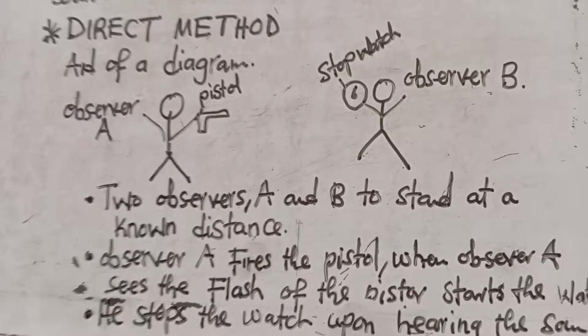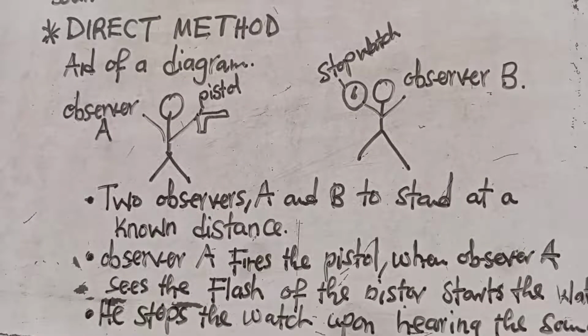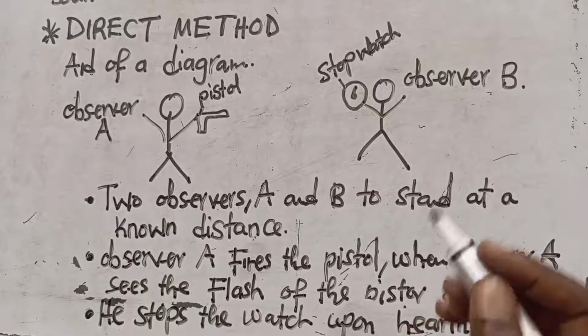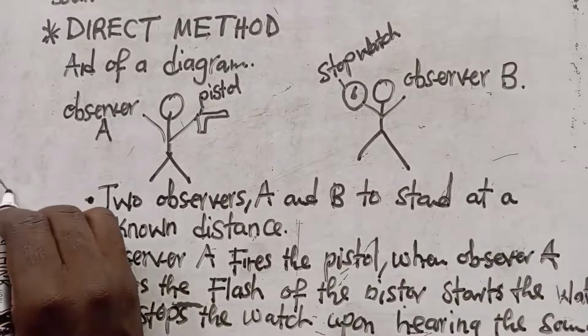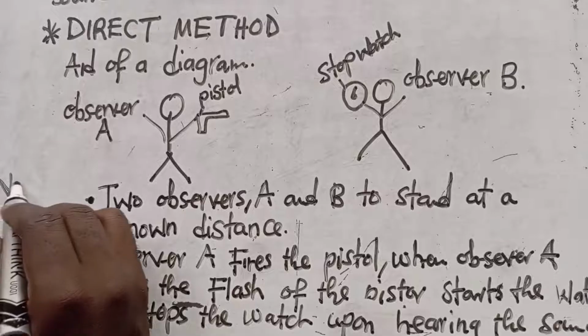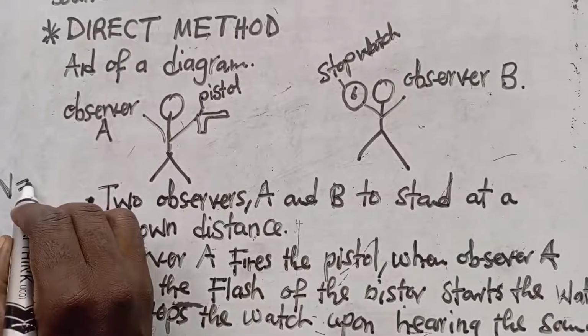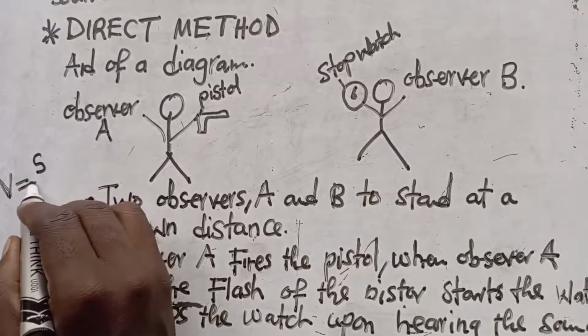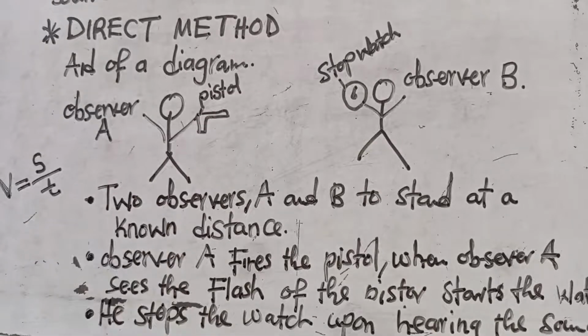You now discover that the time interval can be used to calculate the speed of sound using the formula: velocity is equal to s, which is distance, over time.